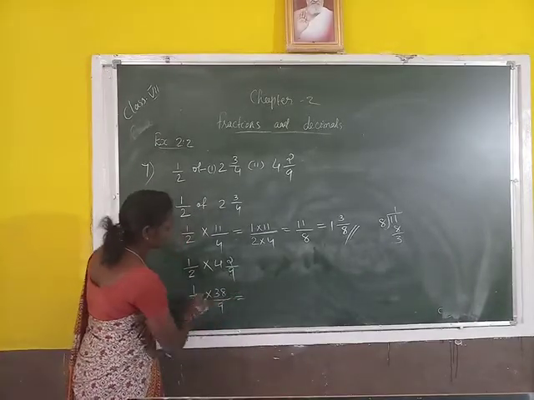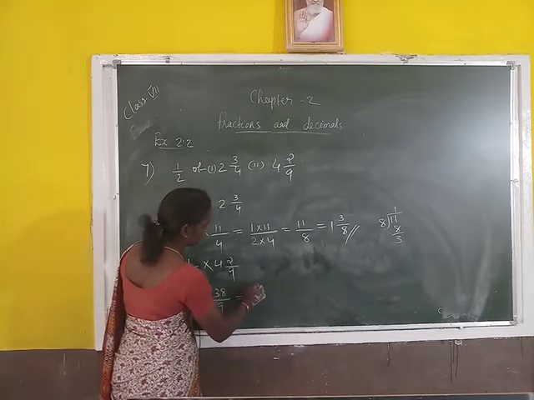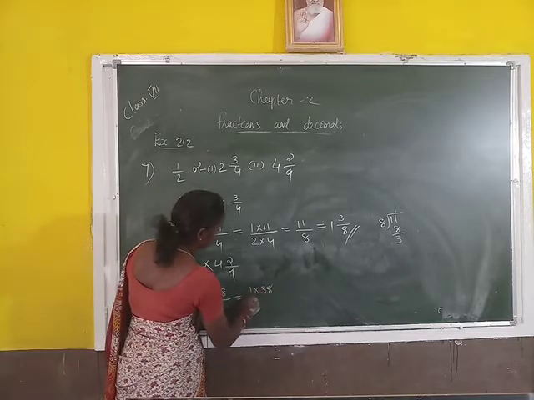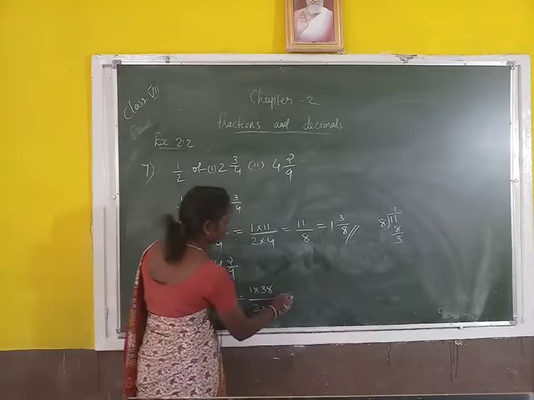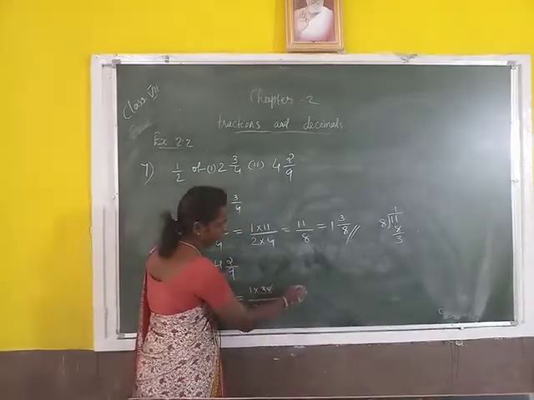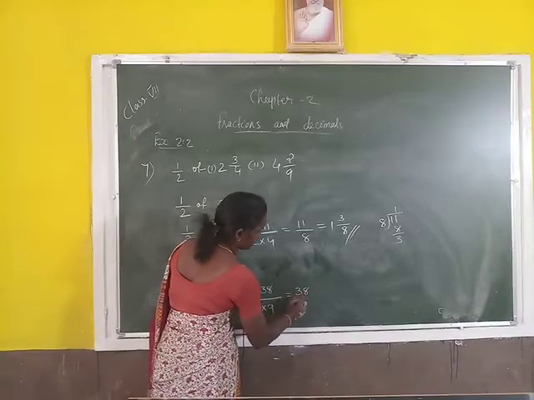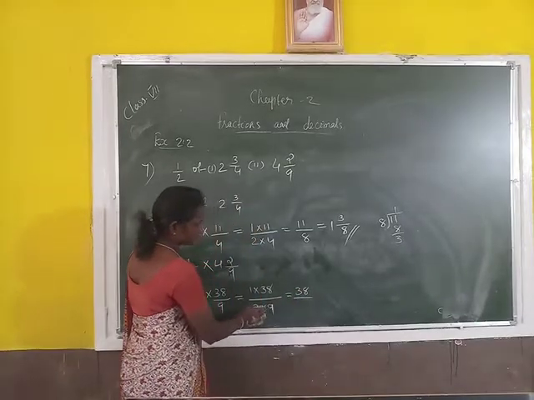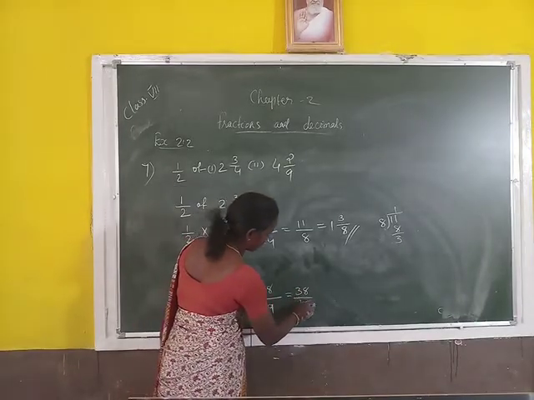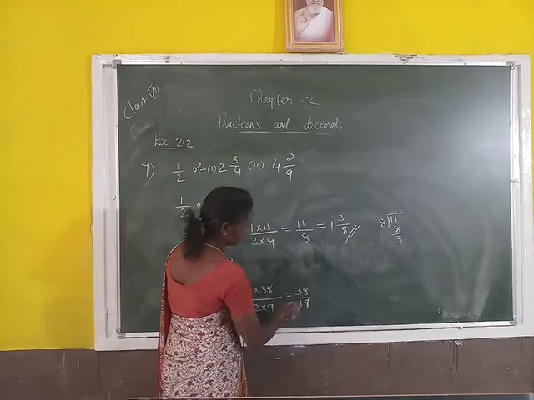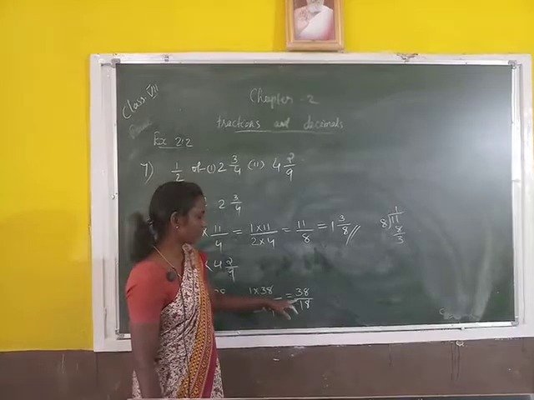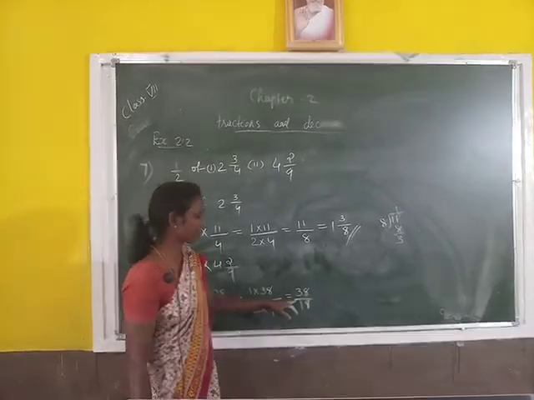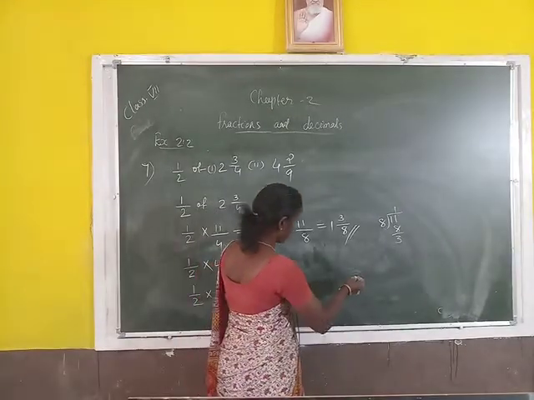Multiply numerator with numerator and denominator with denominator. 1 into 38, answer 38, by 2 into 9, 18. Then this is which type of fraction? This improper fraction. So this improper fraction convert into mixed fraction.